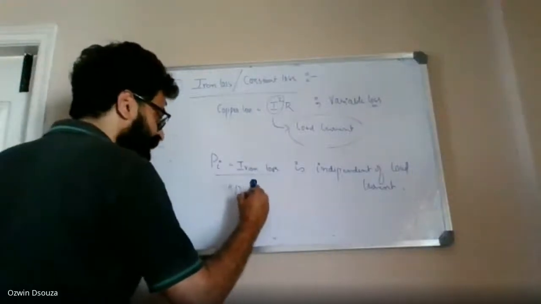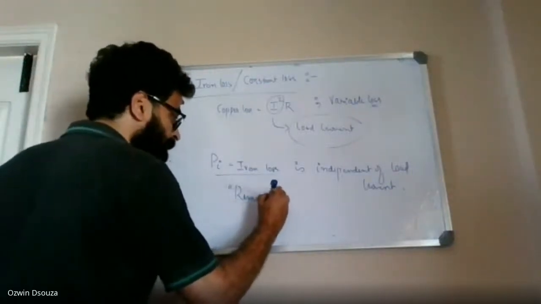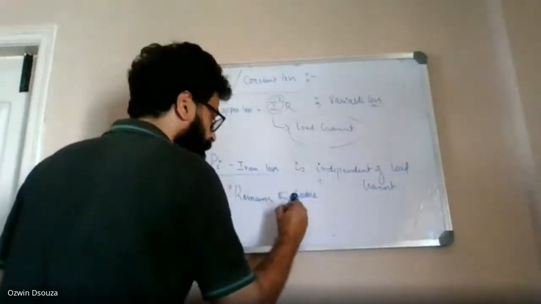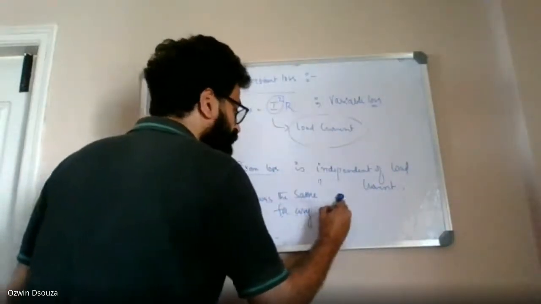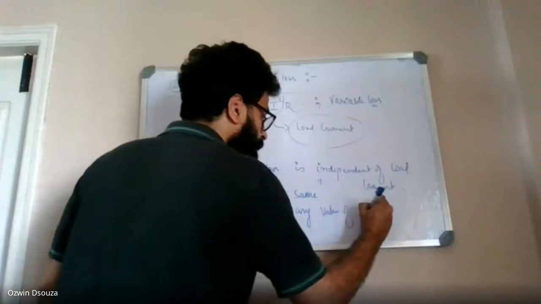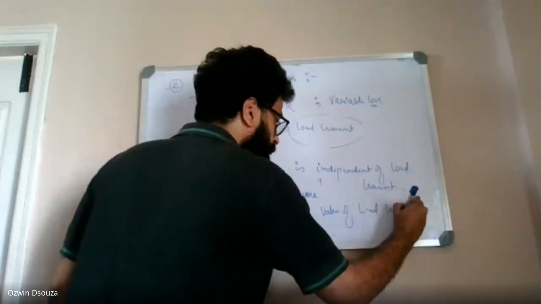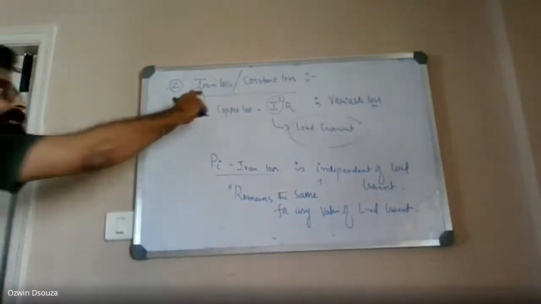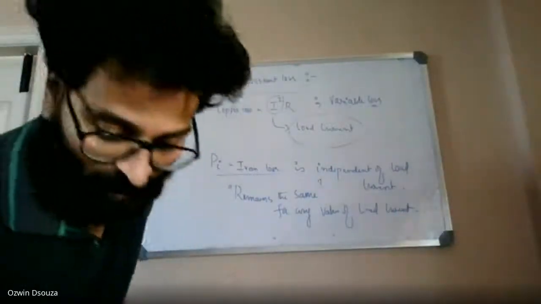Iron loss practically remains the same for any value of load current. So that is the reason the iron loss is also called the constant loss.